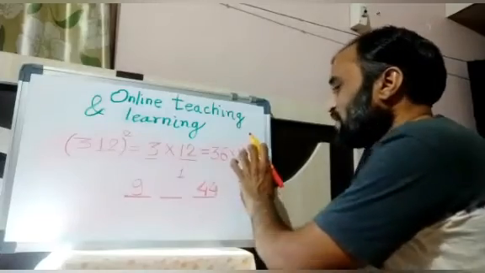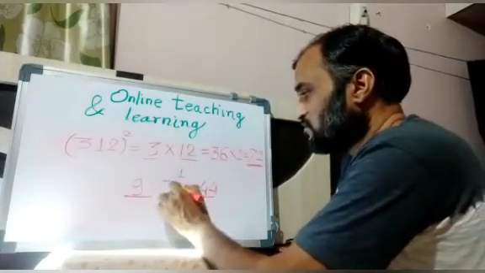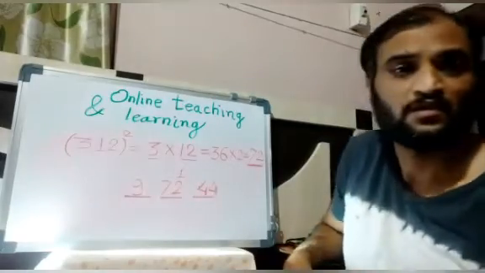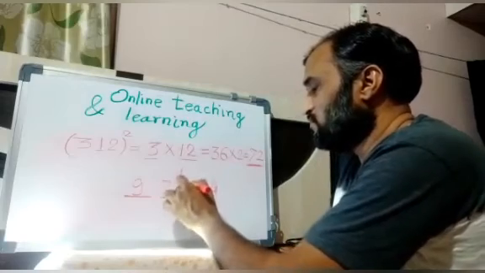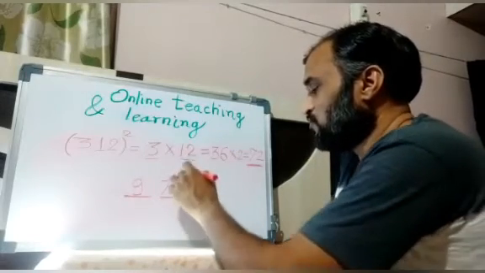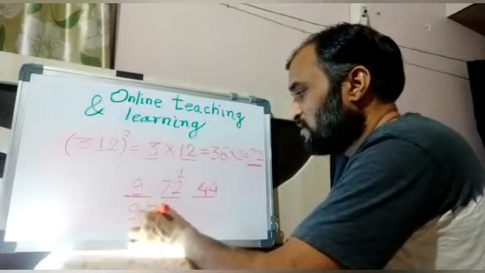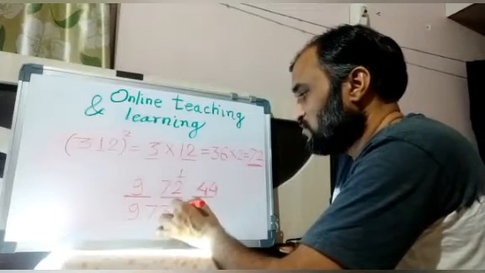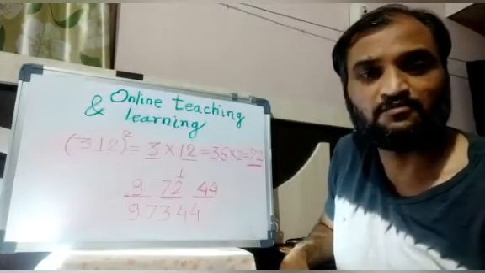Now we have to write here our multiplication answer, that is 72. In the last step, we have to add this carried 1 to the 9 and our final answer is 97,344.